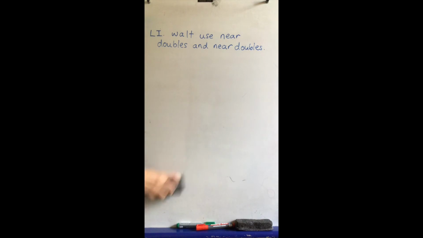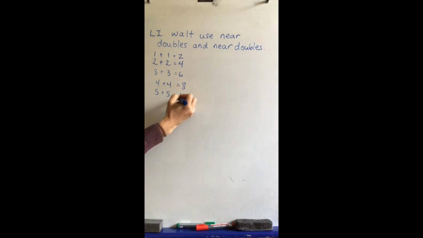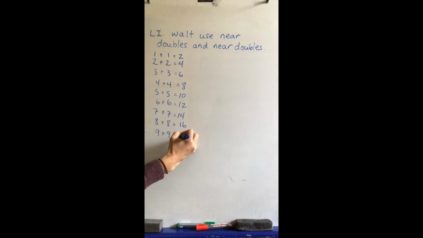So if we know, for example, 2 add 2 is 4, or we'll start with 1 and 1, 3 add 3 is 6, 4 add 4 is 8, 5 add 5 is 10, 6 add 6 is 12, 7 add 7 is 14, 8 add 8 is 16, 9 add 9 is 18.